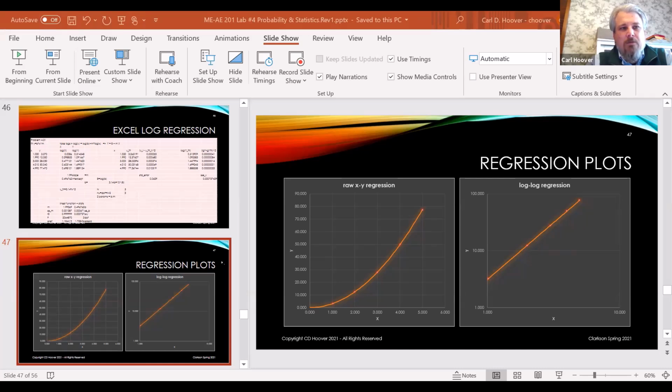And again, there's a lot of different ways to do regression in Excel, but this just gives us our intercept using the x's and y's. And then here, we take our uppercase B and we transform it to lowercase b by taking 10 to the power of B to invert the log transformation.